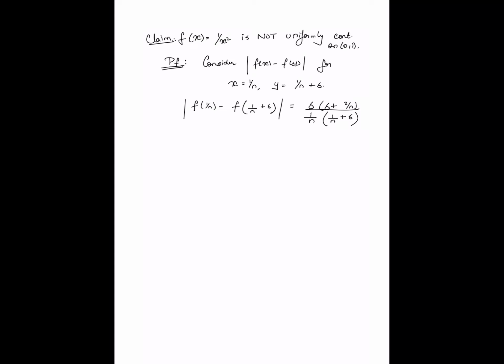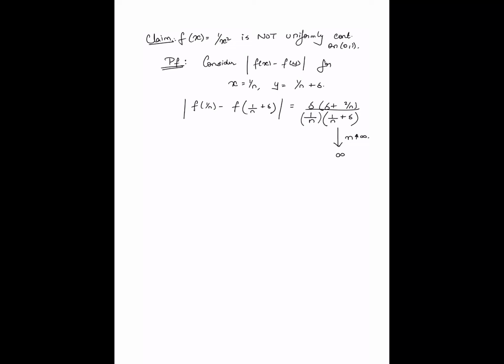I leave this trivial calculation for you. The point here is that for whatever fixed delta you choose, because of the 1 by n sitting out here, this will go off to infinity as n goes to infinity.